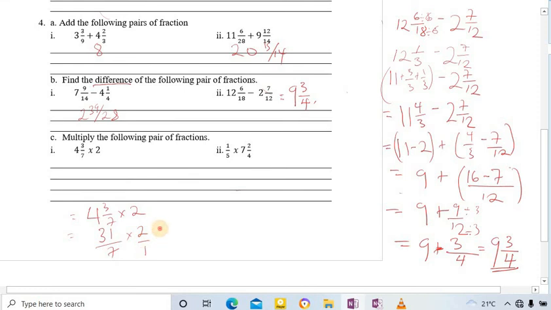It's all over 1. So this is 62 all over 7.